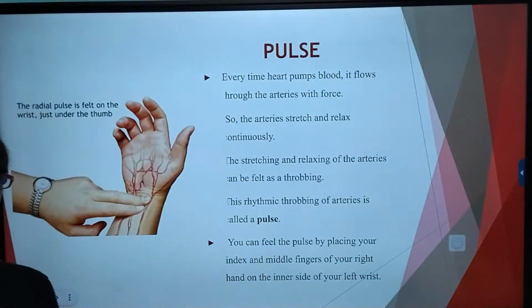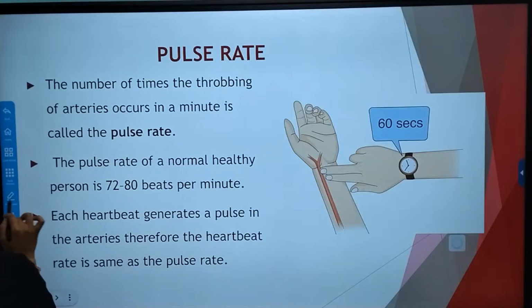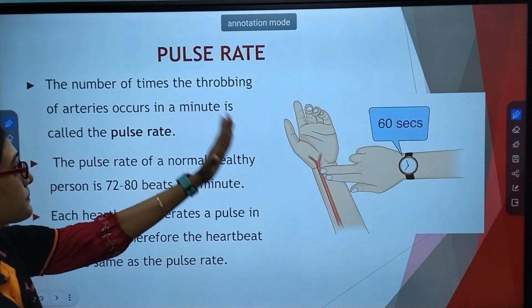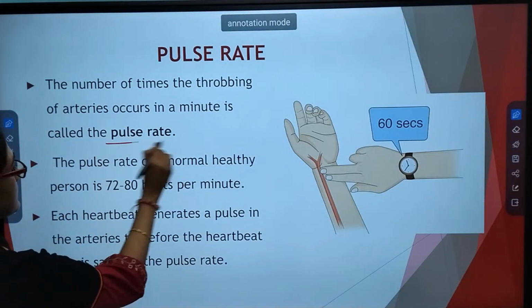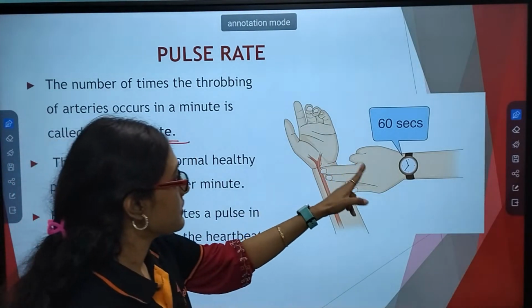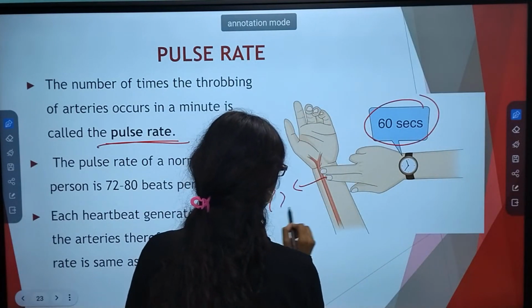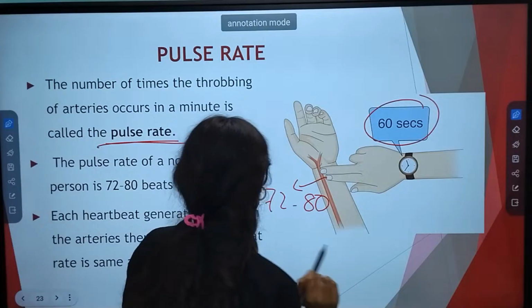Done? See, so many arteries are there. The number of times the throbbing of arteries occurs per minute is known as pulse rate. So in 60 seconds, what will happen? 70 to 80 times it will throb.